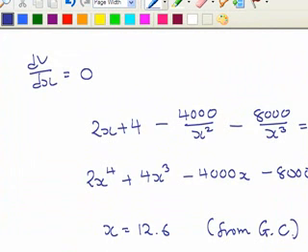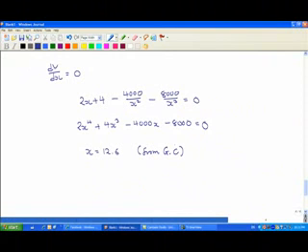So are we done? No, because for these types of questions, whenever you're dealing with maximum or minimum, you will have to show that the value of x that you got is actually the x value that will give you the minimum. Now the checking can be done in both ways. One, you can find out what d squared V over dx squared is, and show that when you substitute in this x value, it will give you a positive value.